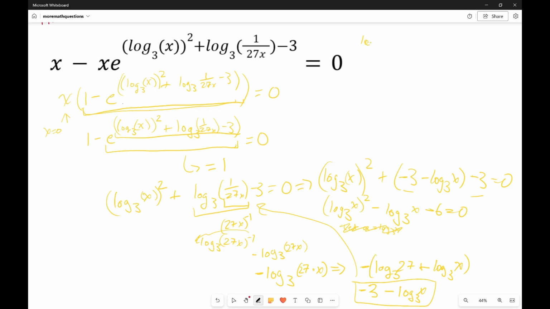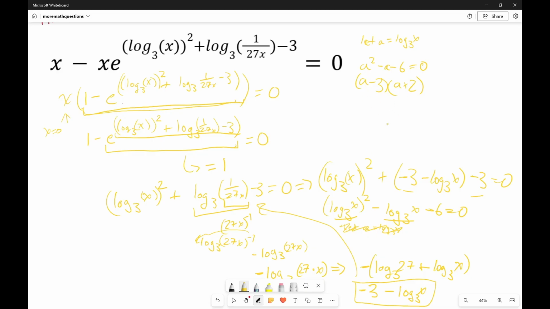Then this is a and this is also a, so this becomes a squared minus a minus 6 is equal to 0, which we can easily factor into (a minus 3)(a plus 2), right?